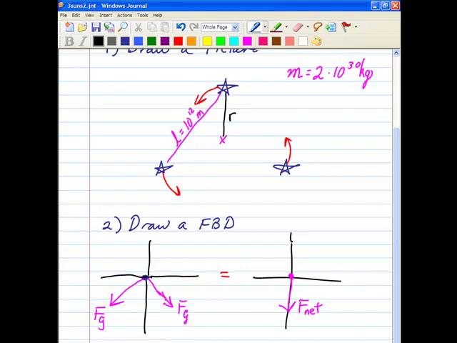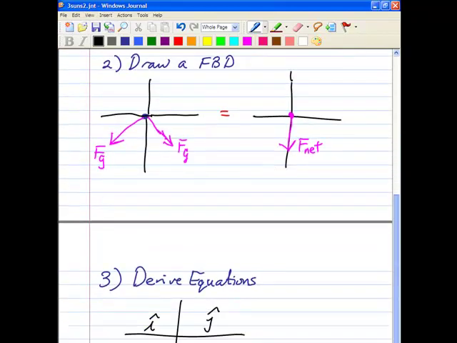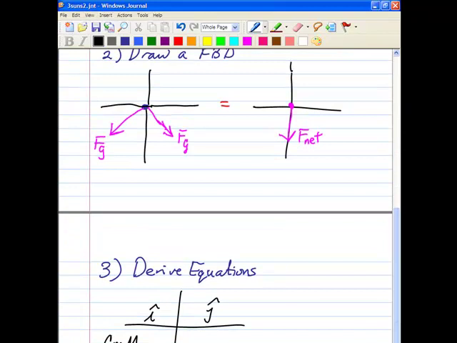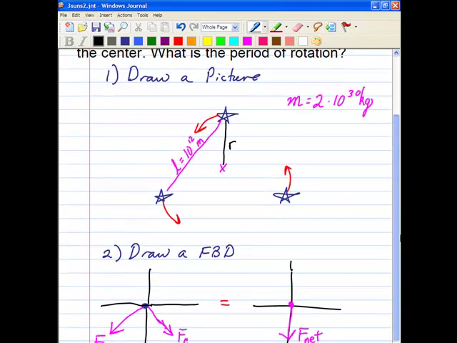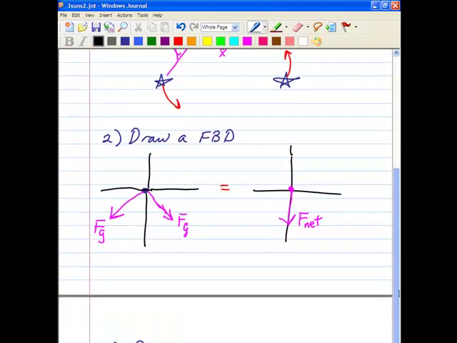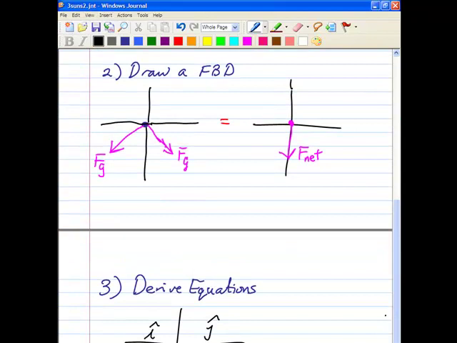The r squared here is not the radius of the circle, but rather the distance between the two suns, which is the L. So this r squared is actually not going to be an r, it's going to be L.